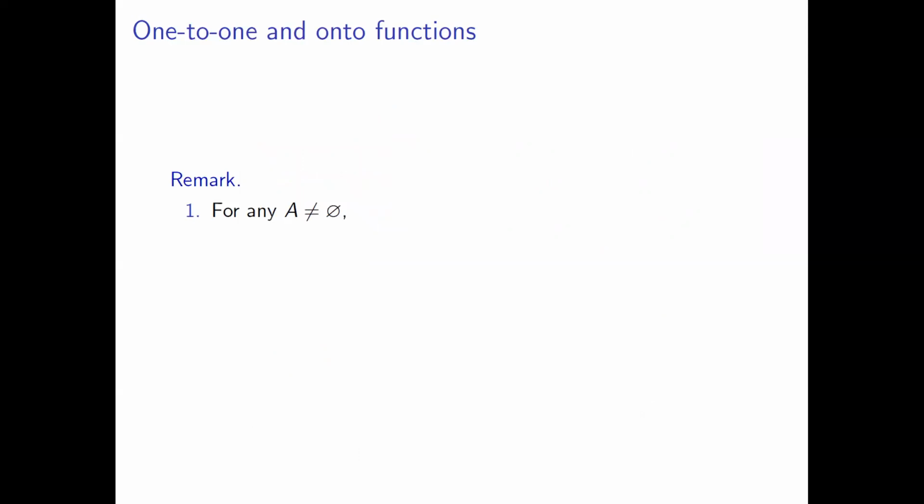For any non-empty set A, the identity relation on A is a bijection from A to A. This is because we showed in lecture 4.4 part 1 that I subscript A is an injection, and in lecture 4.4 part 2 that I subscript A is a surjection.